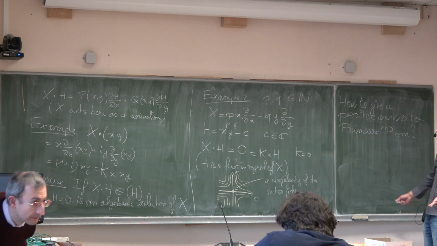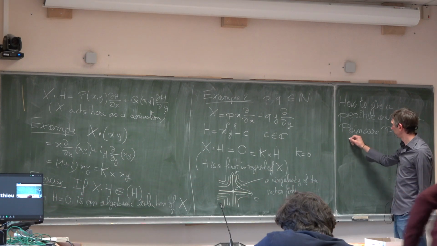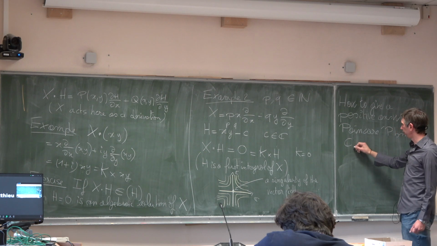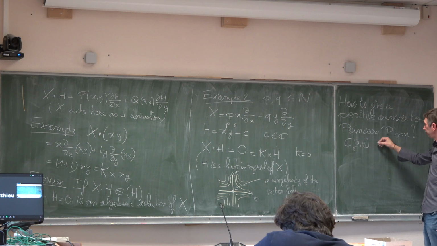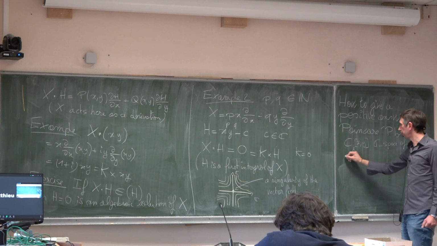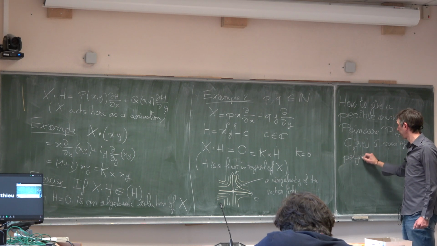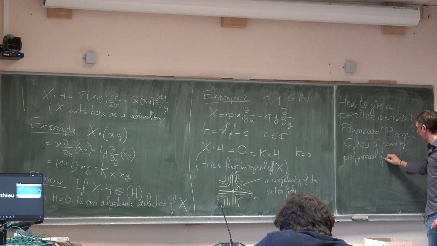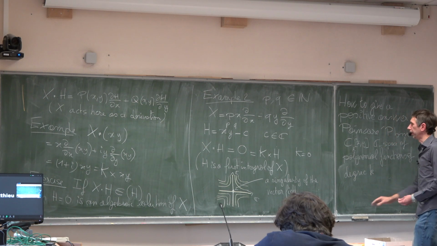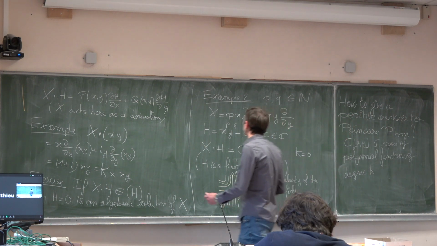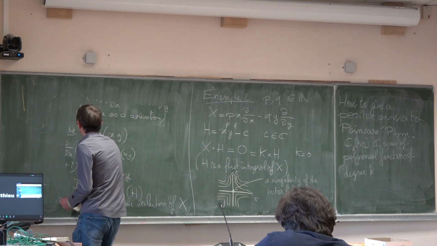Well, you just have to do the following thing. Consider this vector space, C_k[x,y], the finite dimensional vector space of polynomial functions of degree k. And so you can now consider the following linear map.